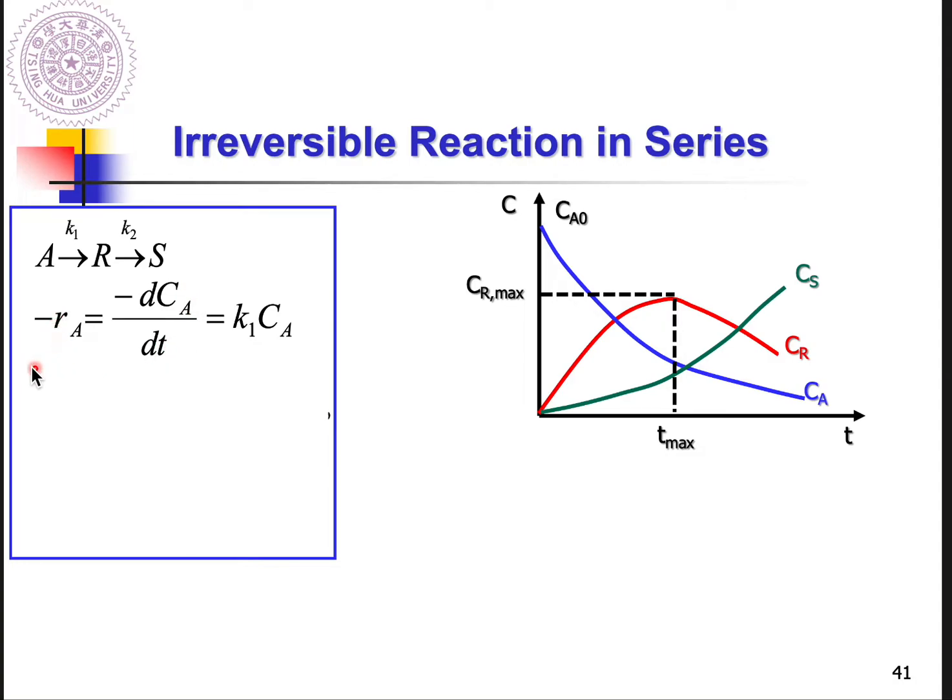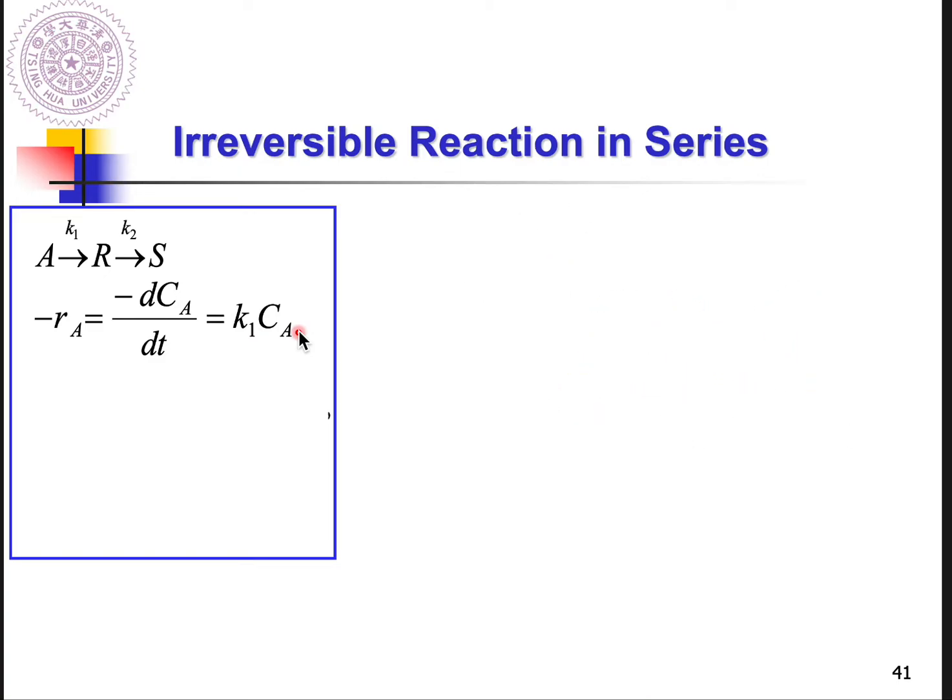First of all, the consumption rate of reactant A can be expressed as minus dCA over dt. We assume it is a first order reaction, so it will be K1CA. And what's the RR?